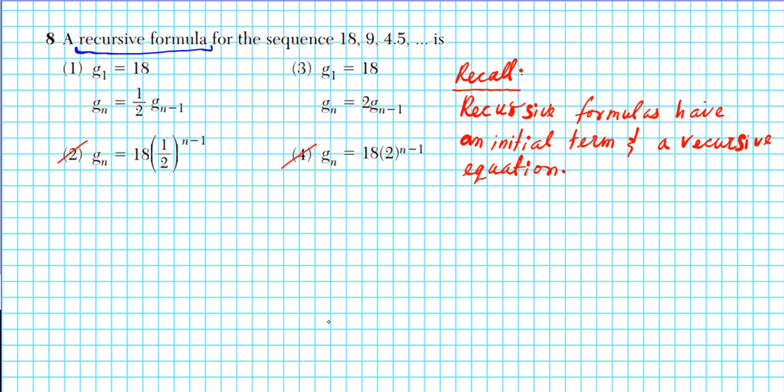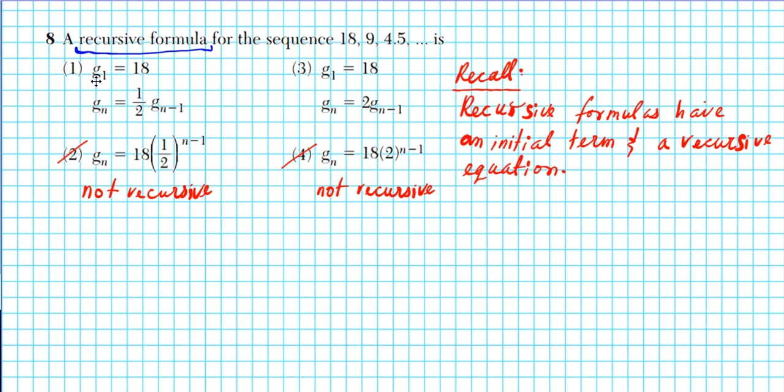These are known as explicit formulas. So this is not recursive. This is an explicit formula that represents exponential decay. In this case right here, this is not recursive also because it doesn't have the two parts that are required. This is an explicit formula representing exponential growth.